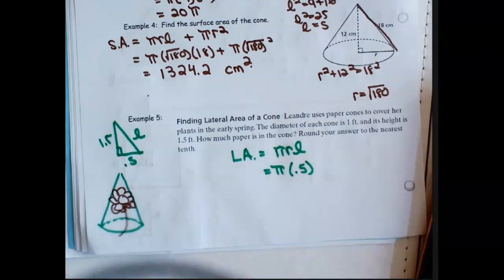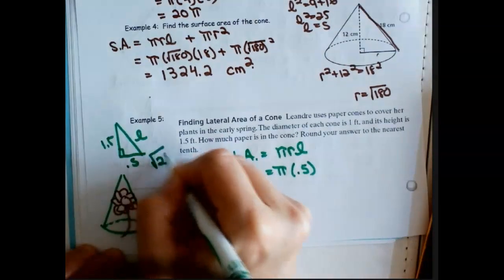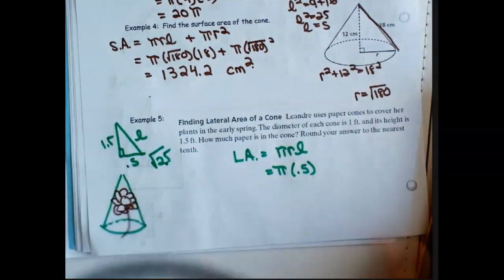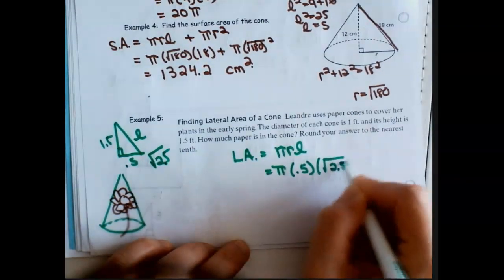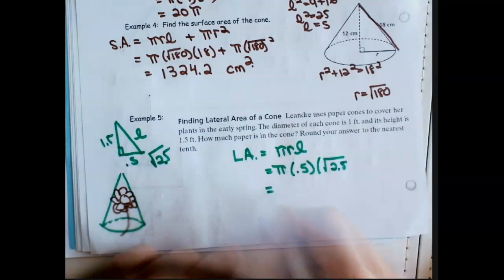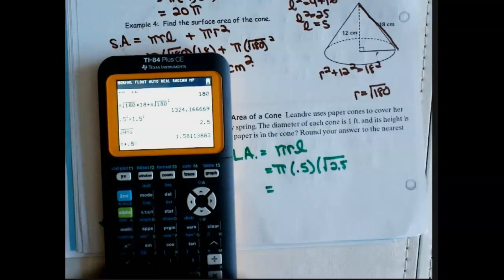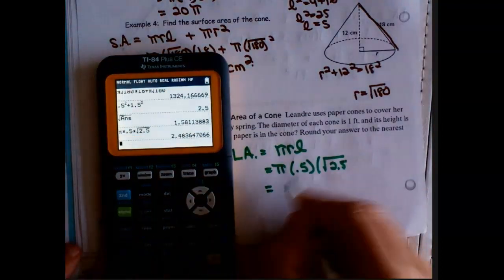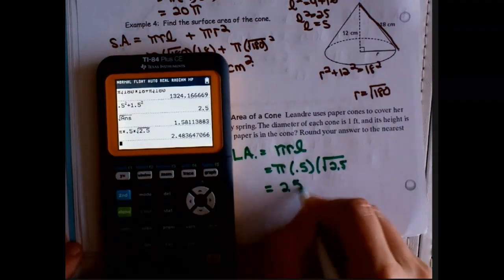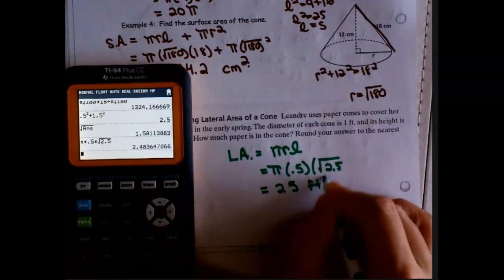And I'm coming up with the square root of 2.5, so I think I'll just leave it like that for the moment. Again, I just used Pythagorean's theorem, so we ended up with radical 2.5. Finally, let's go ahead and plug all of that in and see what we get. And we end up with 2.5, and that would be feet squared.